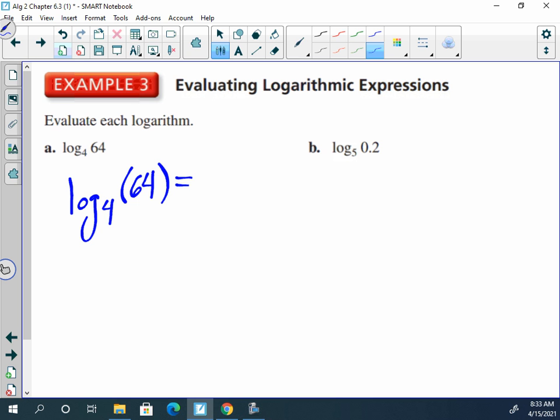Now, the way that we can go about evaluating these is in one of two fashions. The main way, especially what the book is going to say, is that we're going to set this equal to x and use exponentials to solve this.